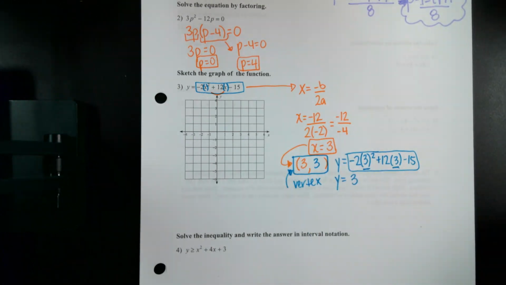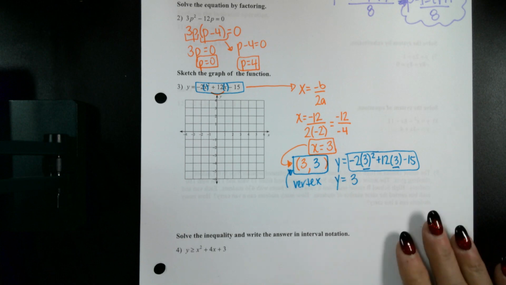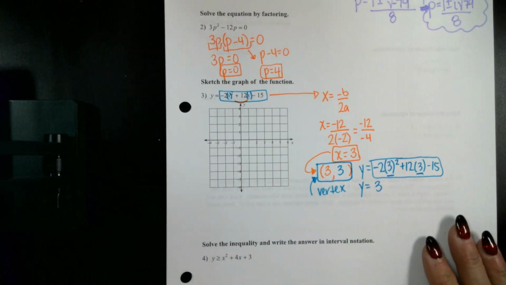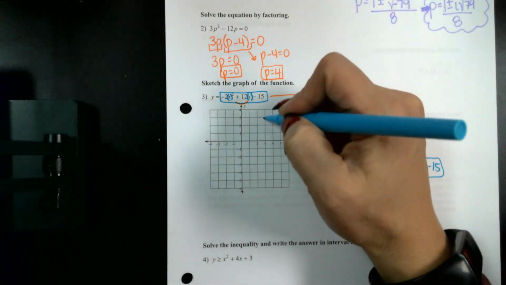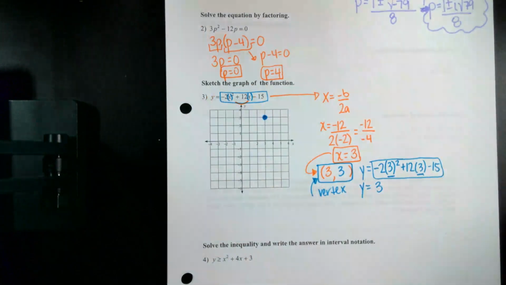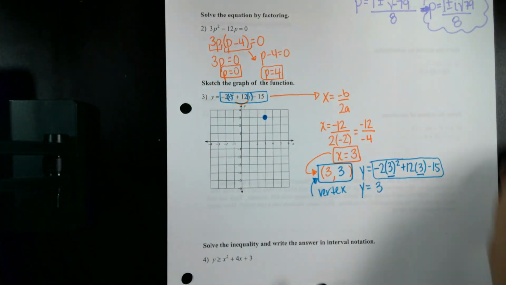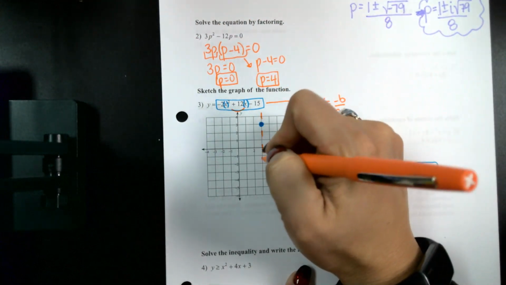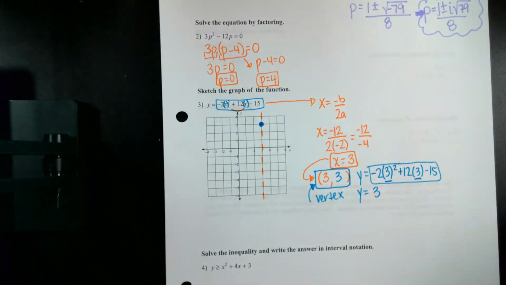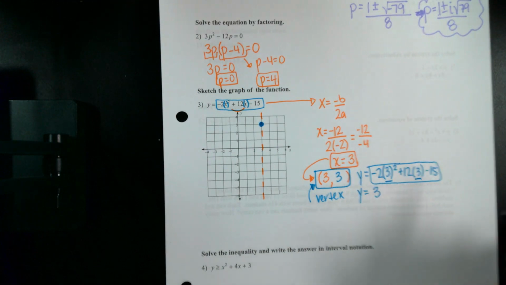Okay, so now we have our vertex, which is our starting point, that we can go ahead and plot. So we're going to put a point at 3 comma 3. And then anytime we graphed parabolas in the past, I always said draw in that dashed line, which is your axis of symmetry, just so you have something to mirror the points across.